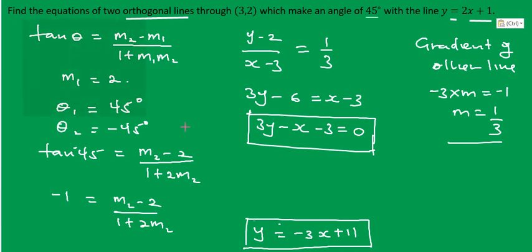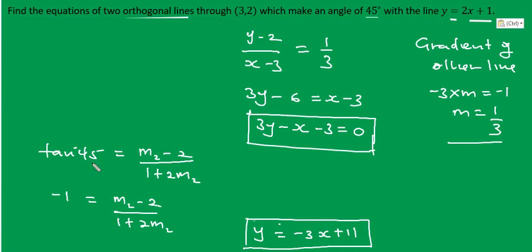If we use tan negative 45, we shall get negative 1 equal to the gradient of that line m minus 2, maintaining the same expression, over, this time, 1 plus 2m. Please, if we used m2 minus 2, don't take 2 minus m2. You have to stick to the same expression.